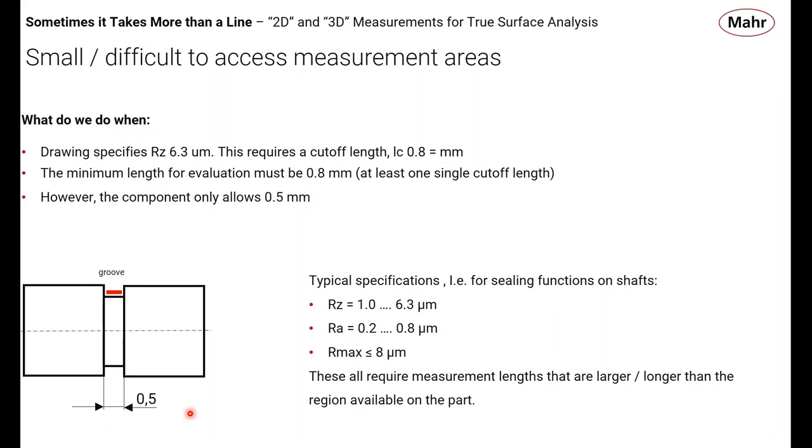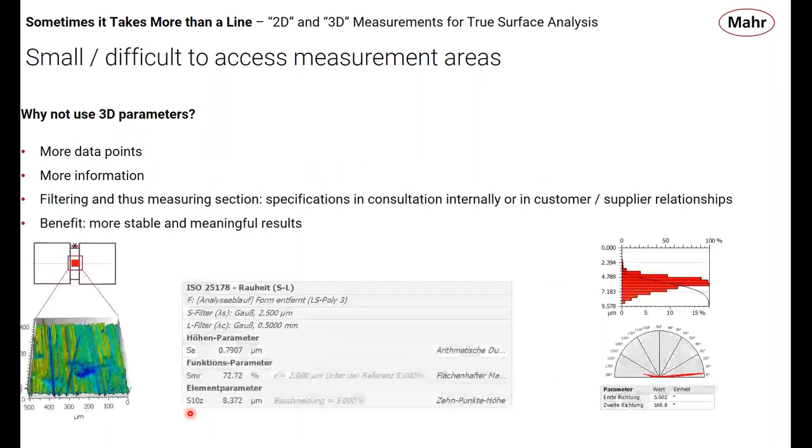The solution to that I'm proposing is we use a 3D parameter. The reason being simply higher data density. Even though we're limited to a half of a millimeter wide, we have a lot more information going around the circumference of that, even compared to doing 5 or 6 or 7 stylus traces.